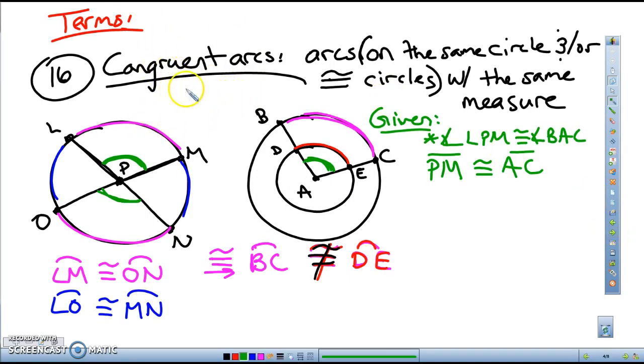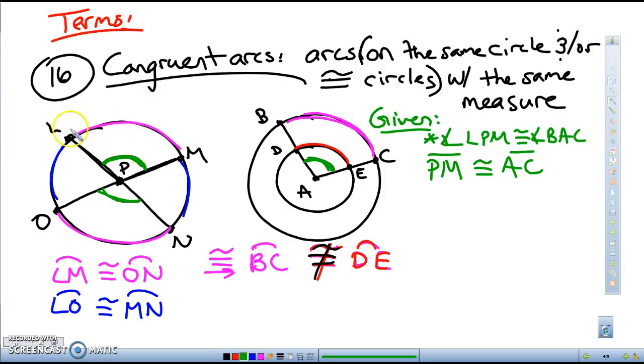We've been looking a lot at arcs, so now we're going to take a look at the possibility of having congruent arcs. In order for arcs to be congruent, first they have to be on the same circle or on congruent circles. And by definition, congruent arcs, with this stipulation, are arcs that have the same measure. So they're just arcs that are the same exact size.